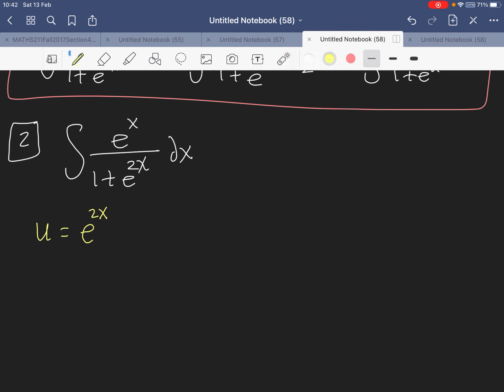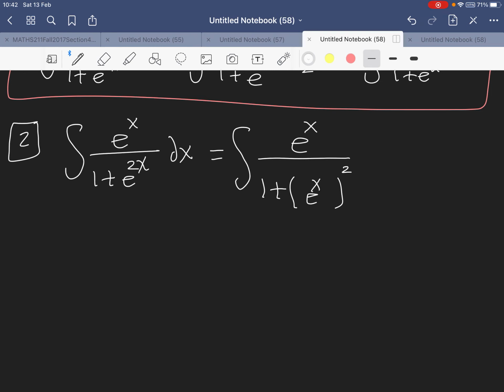Now, I will change it a little bit to something else. Look what I am going to do here: e^x over 1 plus (e^x)^2. Do you see that I haven't done any harm here?